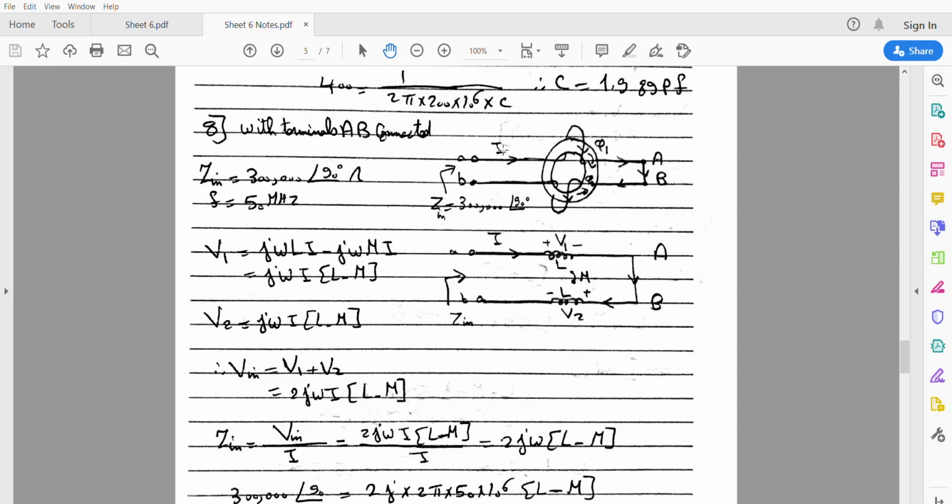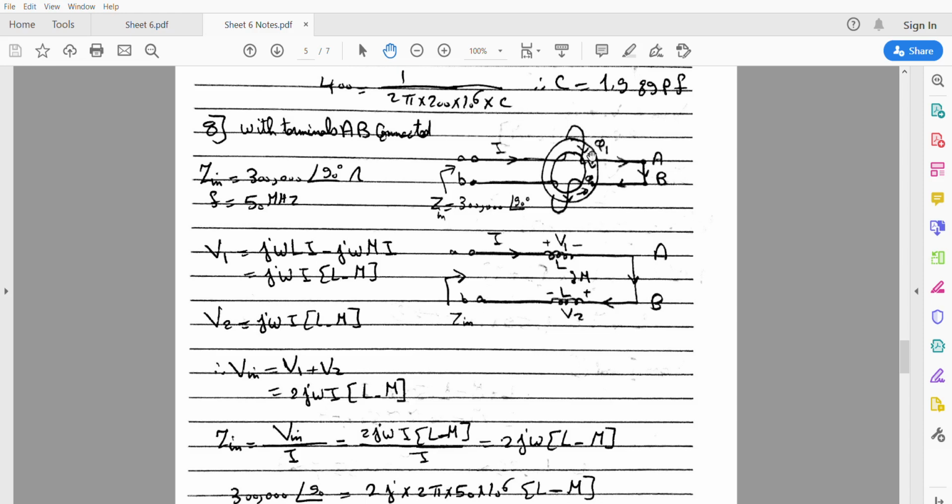So let's assume the direction of current in this direction. We move along the current here, here, here. Now we find that the direction of the current is into the paper. To determine the direction of the flux or magnetic field, we need to use the right-hand rule, in which the direction of the thumb is the direction of the current, and the direction of the rest of the fingers is the direction of the magnetic field.